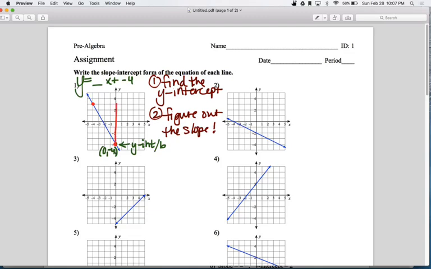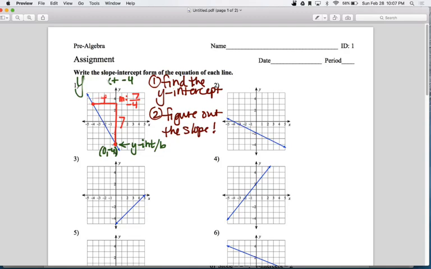So I'm going to find my rise and my run. For my rise, I go up 1, 2, 3, 4, 5, 6, 7. My run, I go backwards 1, 2, 3, 4. So my slope is going to be 7/-4.